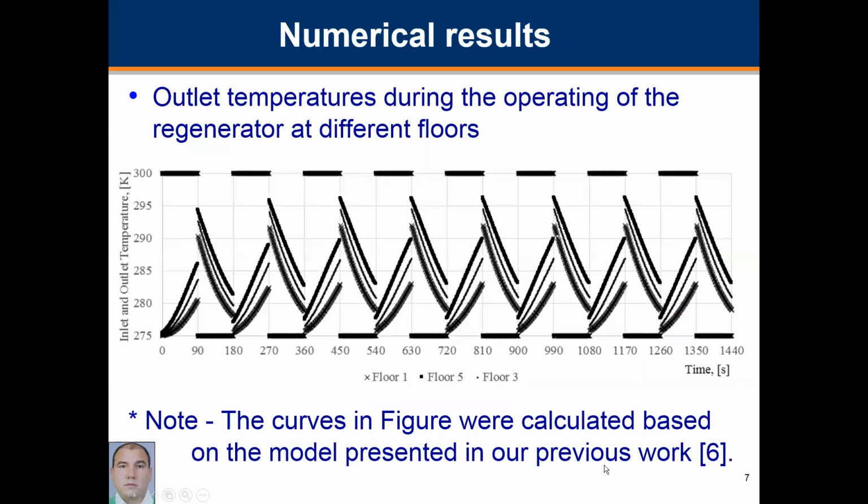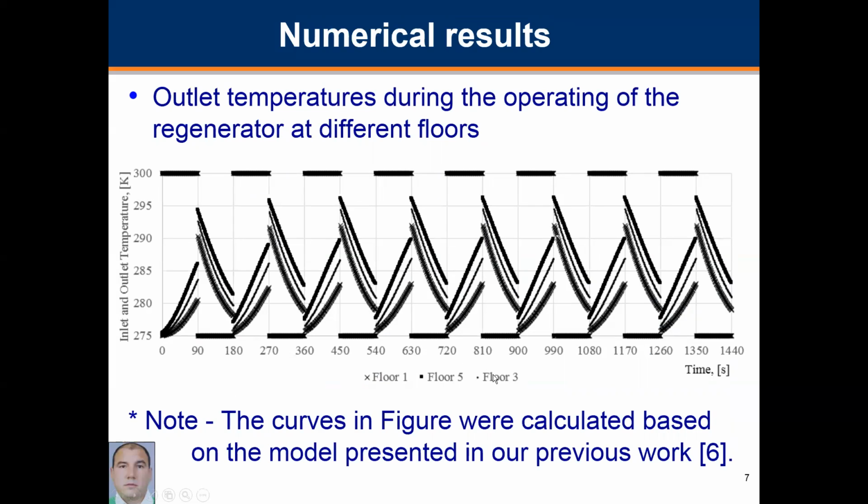The change of the air velocity in the regenerator, respectively the magnitude of airflow, affects the air change rate in the room, and in addition, it strongly affects the temperature ratio of the regenerator. The variation of the inlet and outlet temperature during the operation of the regenerator at three different floors of the building is shown on the slide.